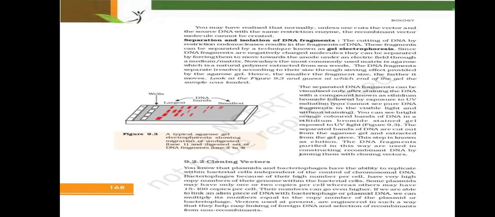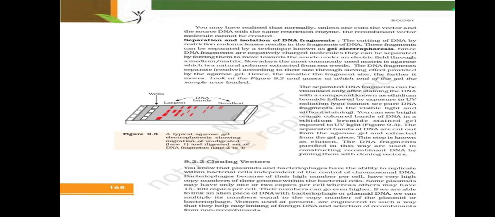Since DNA fragments are negatively charged molecules, they can be separated by forcing them to move towards the anode under an electric field through a medium matrix. Nowadays, the most commonly used matrix is agarose, which is a natural polymer extracted from seaweeds.